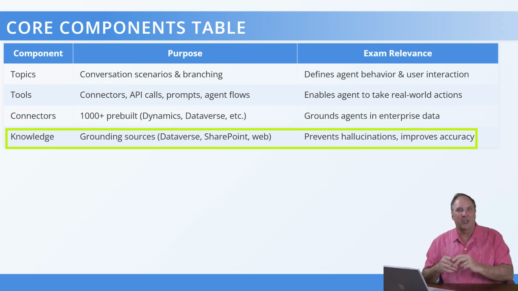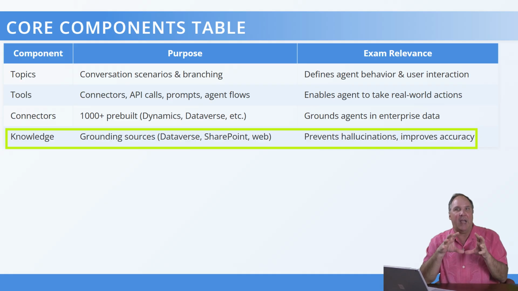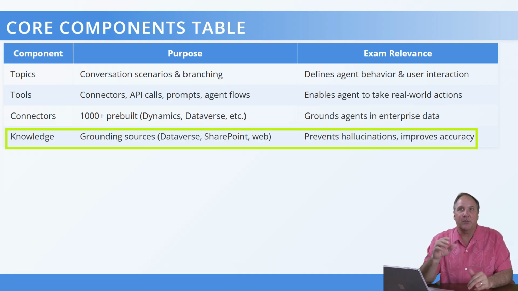And knowledge. These are grounding sources that keep the agent accurate and reduce hallucinations. You can connect to SharePoint sites, websites, uploaded documents. The agent answers from your data, not just from what it learned during training.